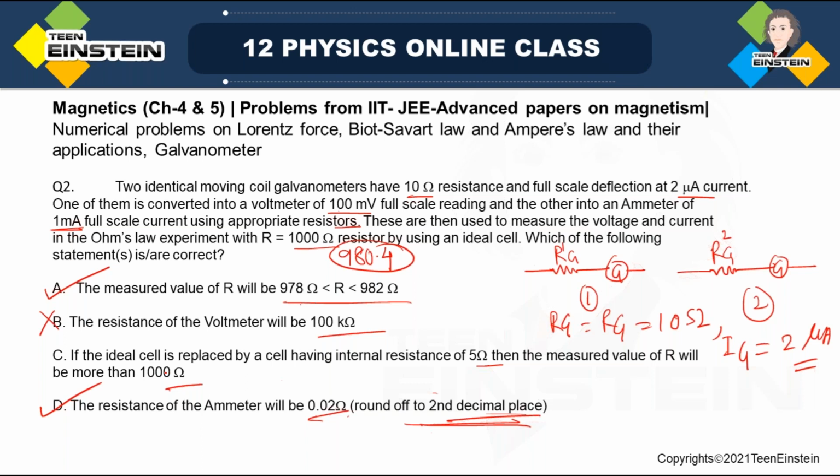And the third option C is saying that if the ideal cell is replaced by a cell which has internal resistance 5 ohm, so in that case how it varies?